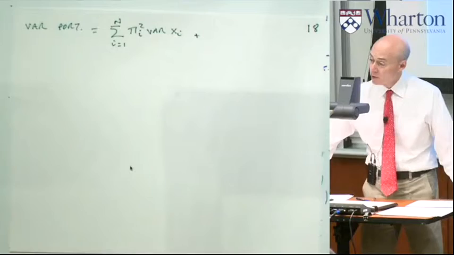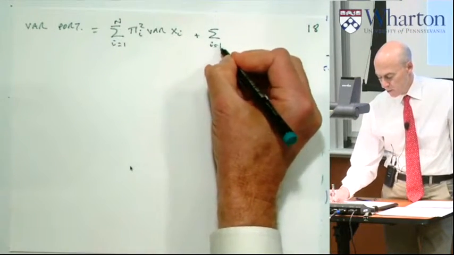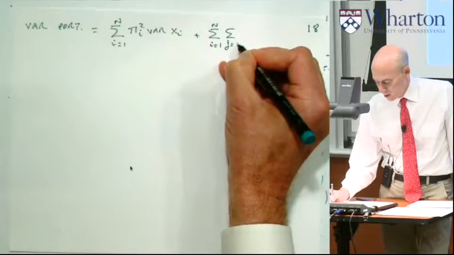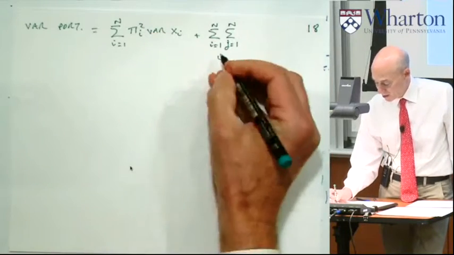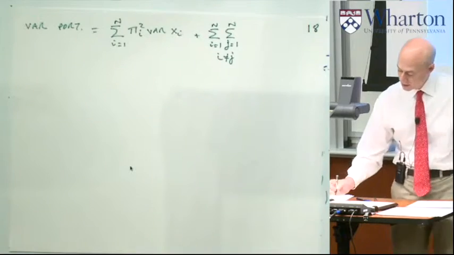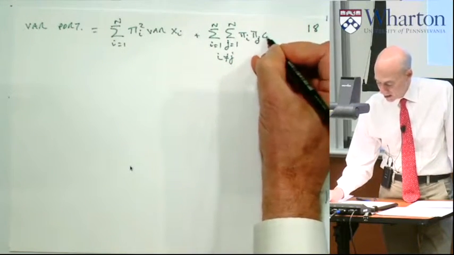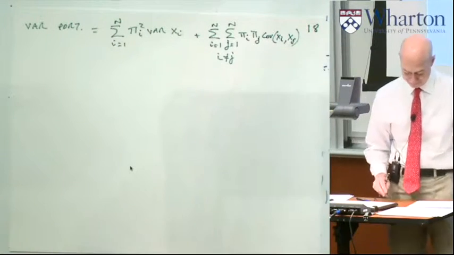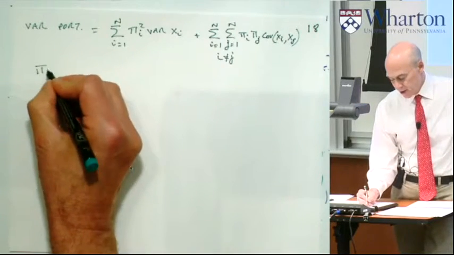And then we've got all the covariance terms. So that's the sum from i equals 1 to n, and j equals 1 to n. We already got the diagonal terms, so we want the off-diagonals, in other words, i not equal to j. And then we've got pi i, pi j, covariance xi, xj.